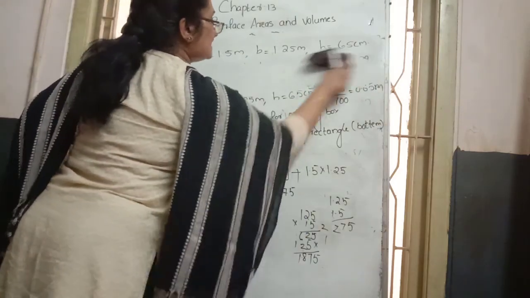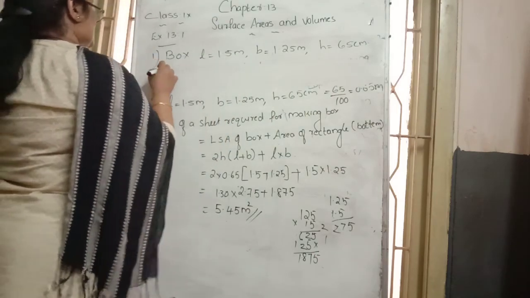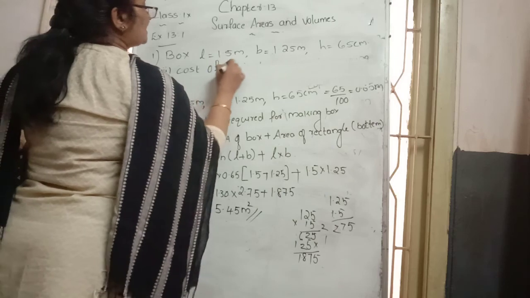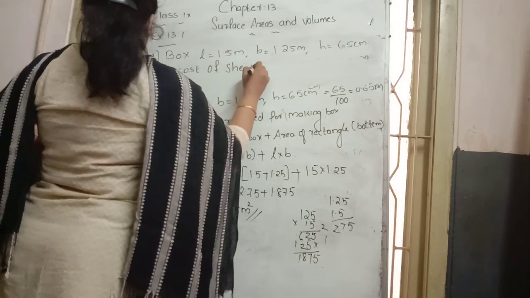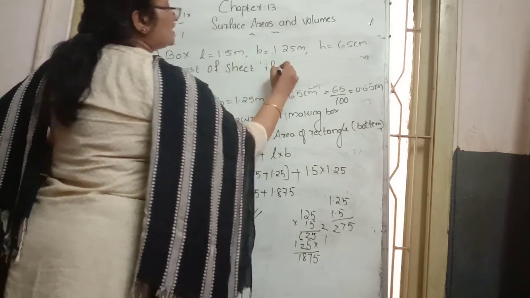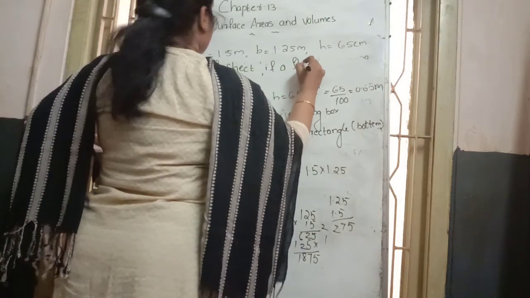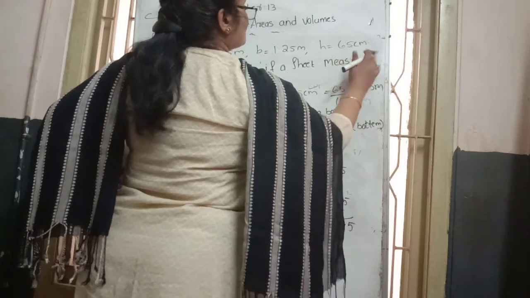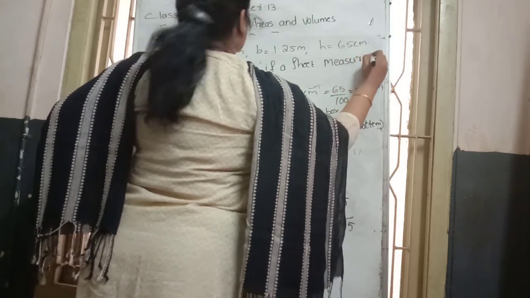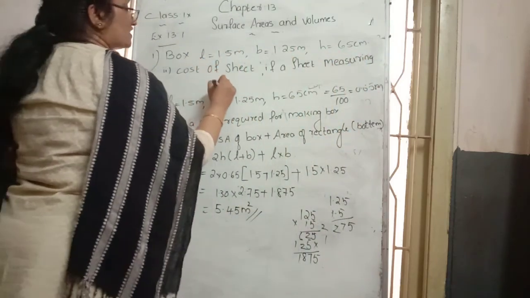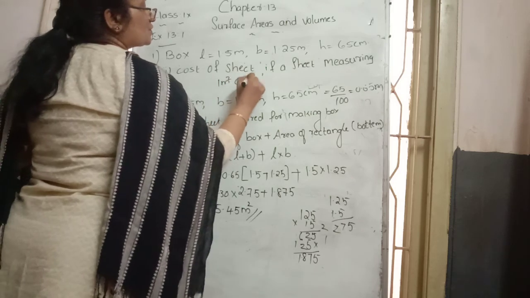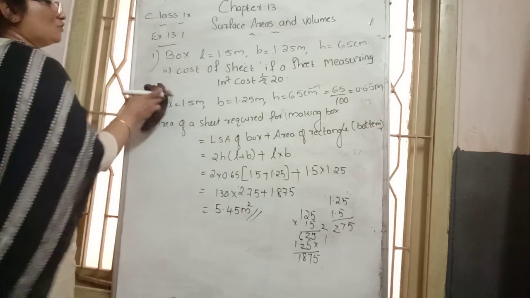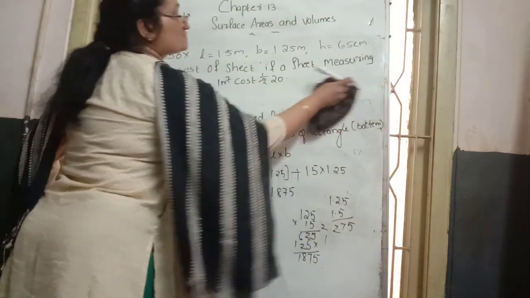They ask to find out the cost of the sheet if a sheet measuring 1 meter square costs rupees 20. In this way they given, how much amount we want to spend there.